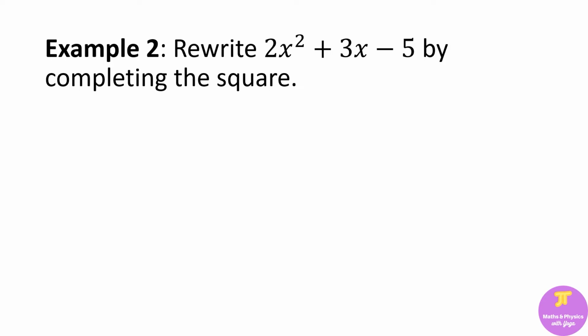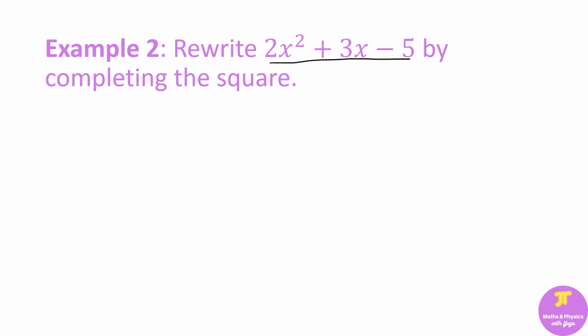Let's look at another example. Rewrite this function by completing the square. So let me rewrite this one: 2x squared plus 3x minus 5. This is not an equation, this is just an expression, right? So now we have a problem, because we have a coefficient. We don't like coefficients, because if you have a coefficient, then it will be a little bit tricky.